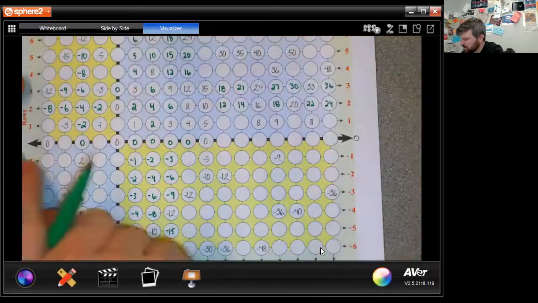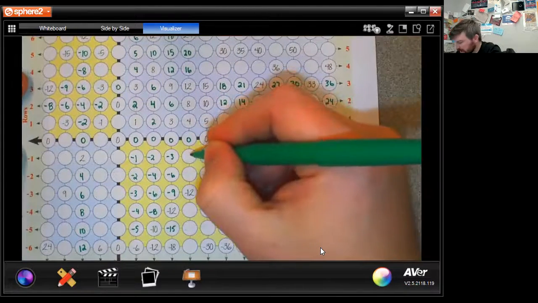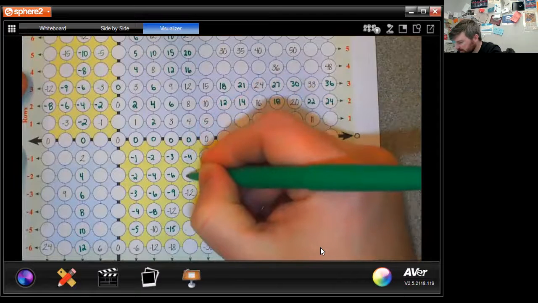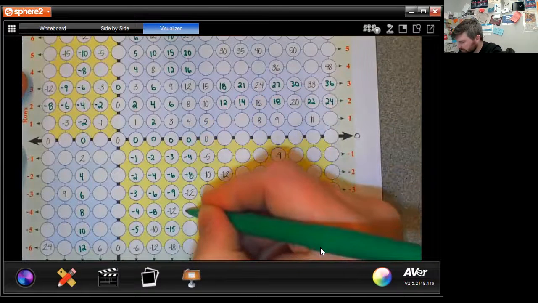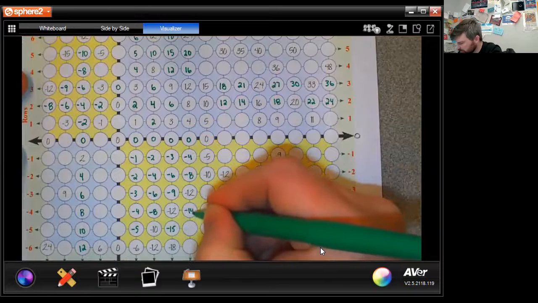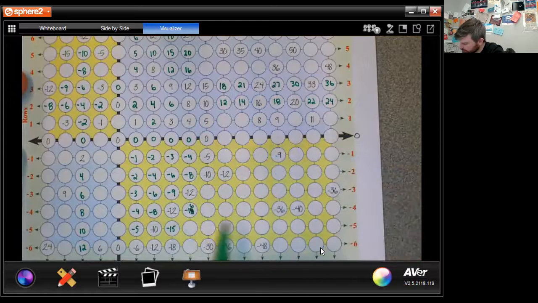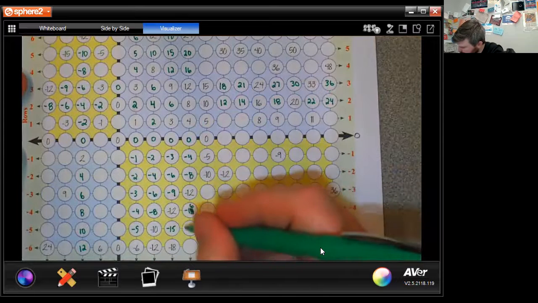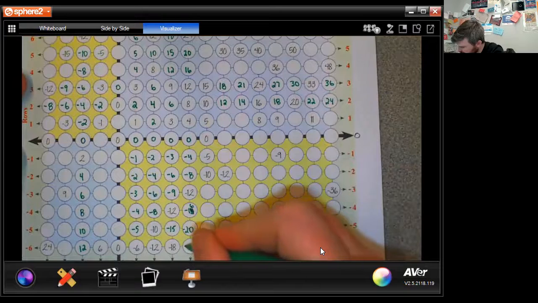Okay, these are kind of your X and Y axis. They'll always be 0. Then in the yellow, we got negative 4, negative 8, negative 12, negative 16, sorry. And go up 4, that's negative 20, and then negative 24.